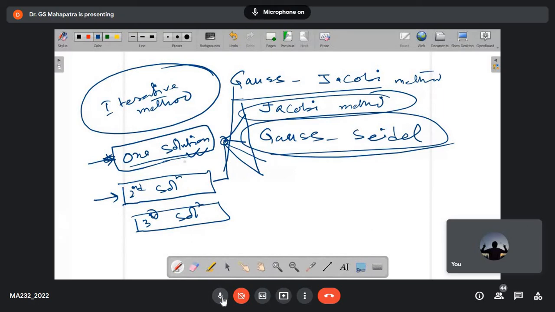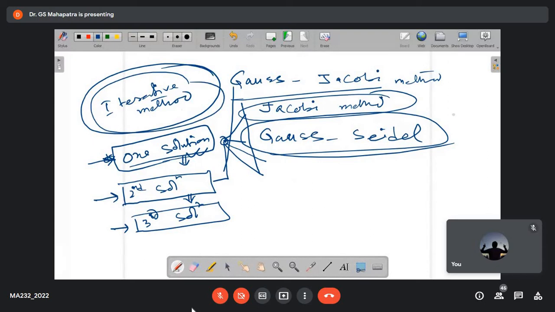The second solution, the previous solution. In other words, you are improving the previous solution using the same techniques to find a better solution, closer to the original solution. So this is the meaning of iterative method.